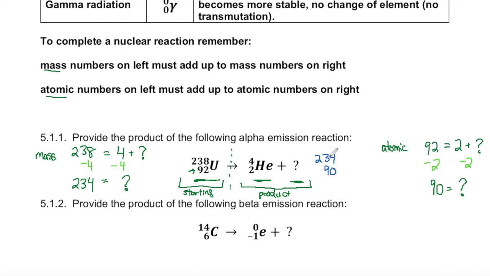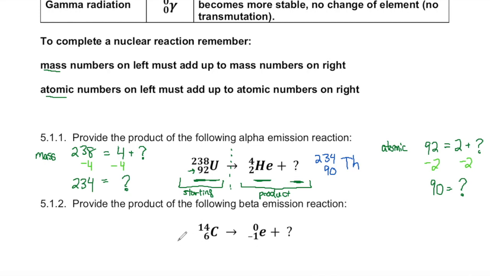So we have a nucleus with a mass of 234 and an atomic number of 90. If we look on our periodic table, the element that has an atomic number of 90 has the symbol Th. It's thorium. So we have thorium-234 being the product of this alpha decay of the uranium nucleus.